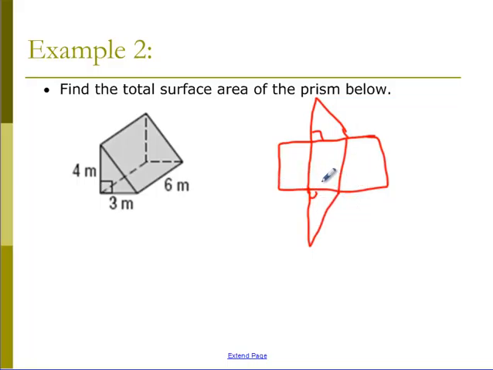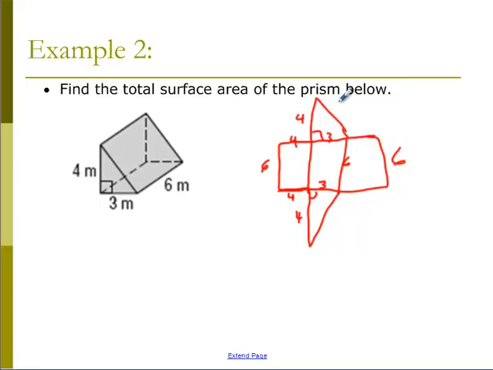So the base of each triangle is 3, and the height of each triangle is 4. We've got a 6 over here, so each one of these is 6. Now when I connect these, this side down here will connect with the height of the triangle, so those are 4 as well.